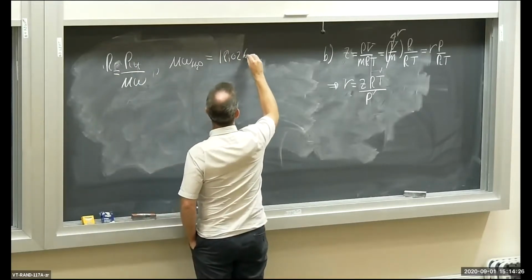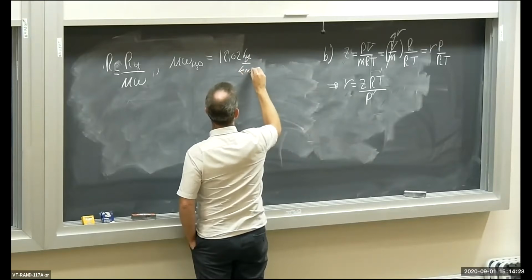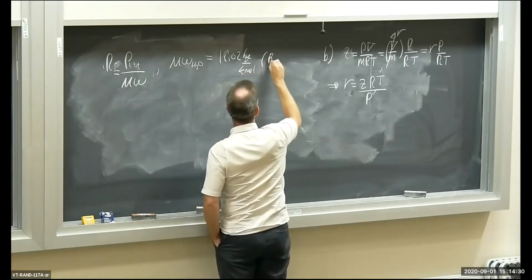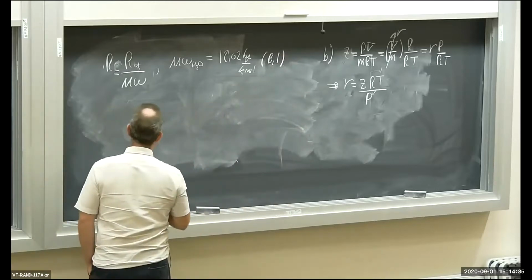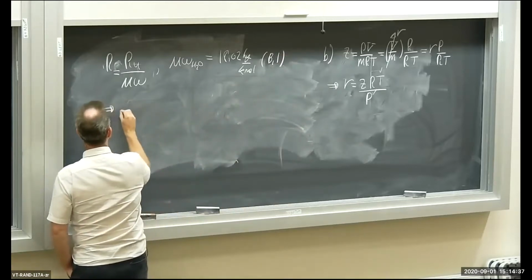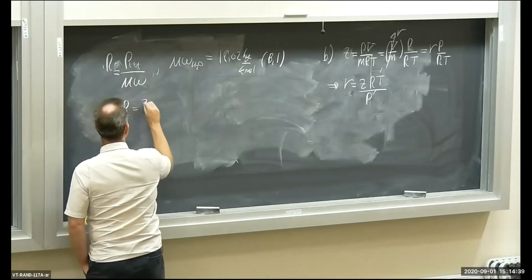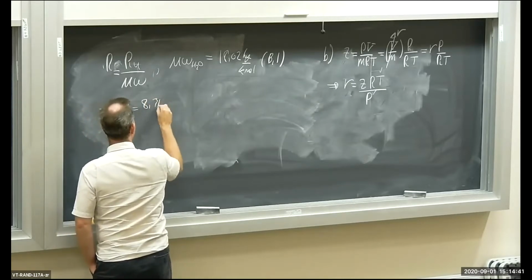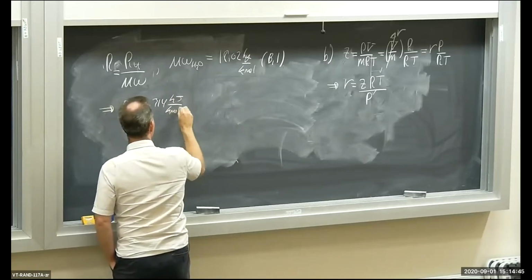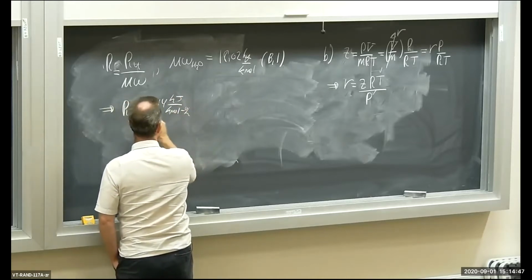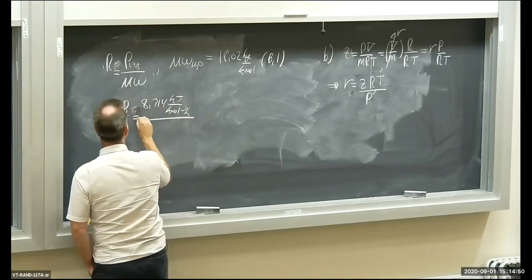18.02 kilograms per kilomole. And that's from B1, okay? So that means our gas constant, R, is equal to 8.314 kilojoules per kilomole degree Kelvin, and then I'm going to divide that by the molecular weight.